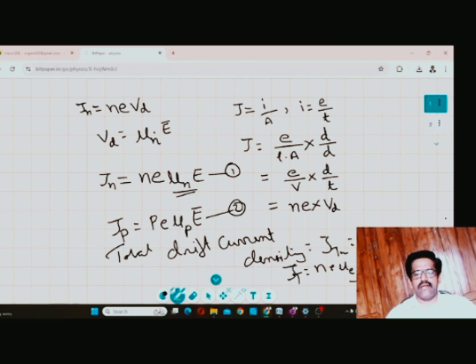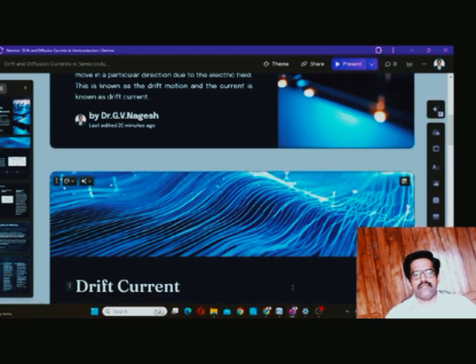Similarly, we go for the other current density.